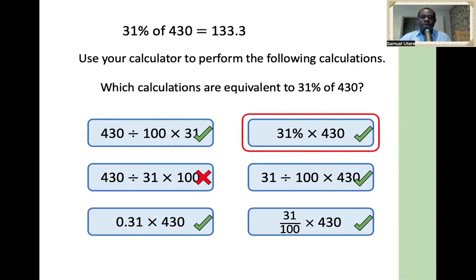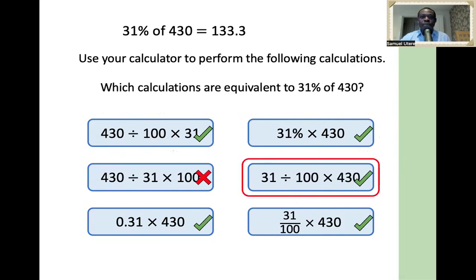This one, 31% is exactly what it is. So it's 31%. You input the percent operation in your calculator, and that should give you your answer. This one, 31 divided by 100 is the same thing as saying 31%.